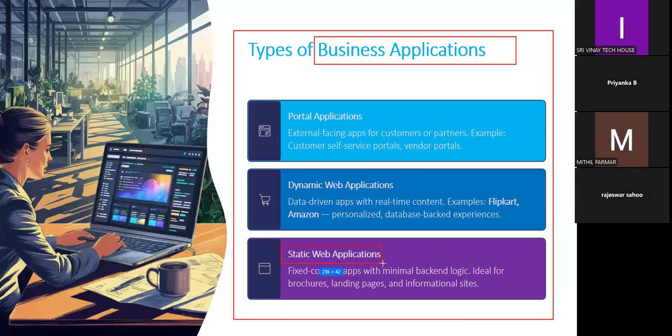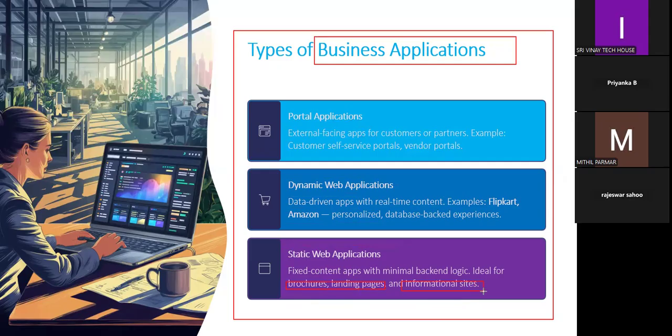The last one is the static web application. What is a static web application? It is nothing but fixed content applications with minimal backend logic. Examples are brochures, landing pages, and informational sites. Let's take a real estate application.